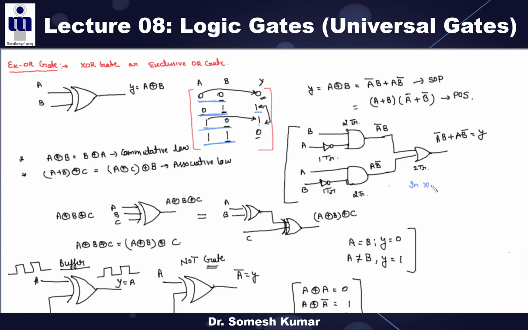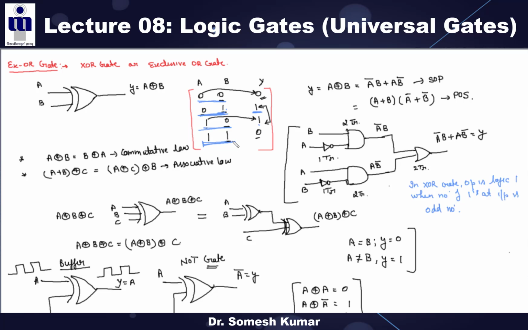in the XOR gate, output is logic 1 when the number of ones at the input is odd. Can I say this statement? It means if the number of ones at the input is odd, then the output is always 1, right?